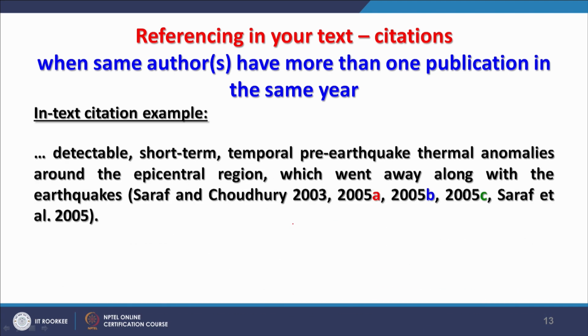For example, Saraf and Chaudhary 2003, 2005 A, B, C. Of course, it is different, because there are 2 authors, though the year is the same, so it is distinct in the list of references. These 3, A B C, will come in the list of references as A B C, and the 2 authors remain common here. That is the way of writing in-text citations for the author or authors who have published more than one publication in the same year, using A B C and the same way in the list of references.